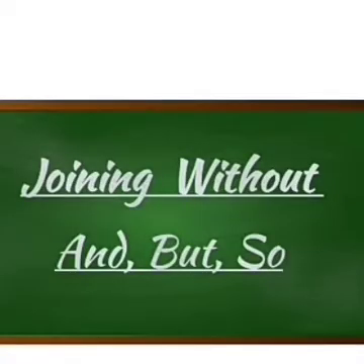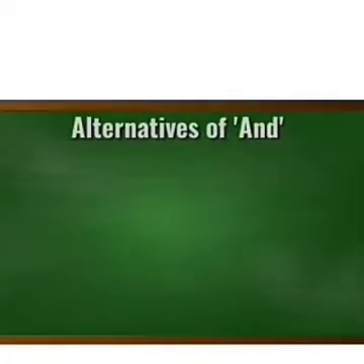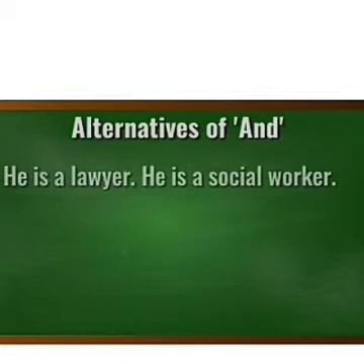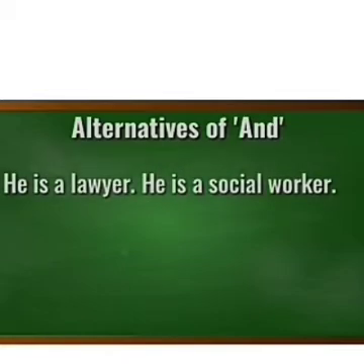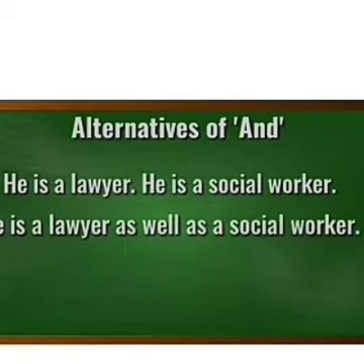Now let's do, children, a few more examples of joining sentences without and, but, so. Means we have to join the sentences without using and, but, so. Now see the alternatives of and, means what are the words which we can use in place of and. Like, he is a lawyer, he is a social worker.